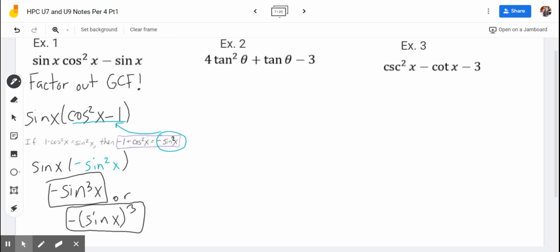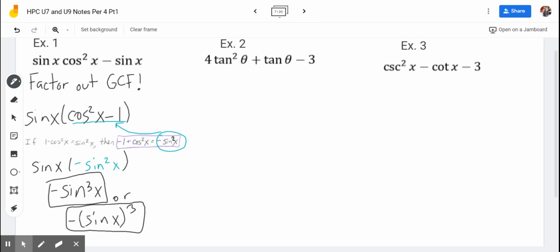So example 2, we have 4 tan squared theta plus tan theta minus 3. And this looks kind of like a quadratic expression where we would have to factor. And that's exactly what it is.